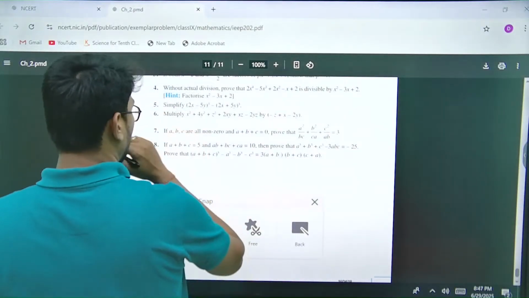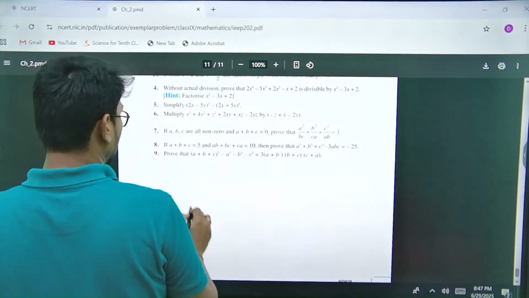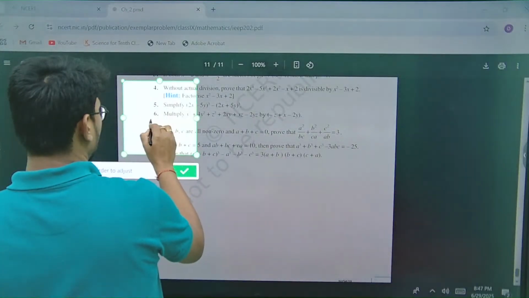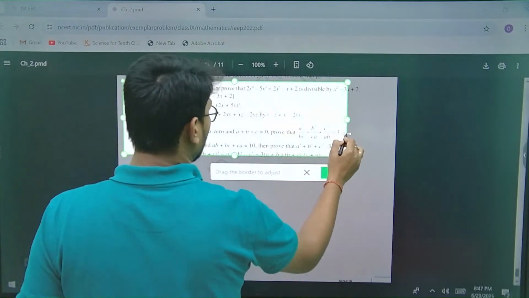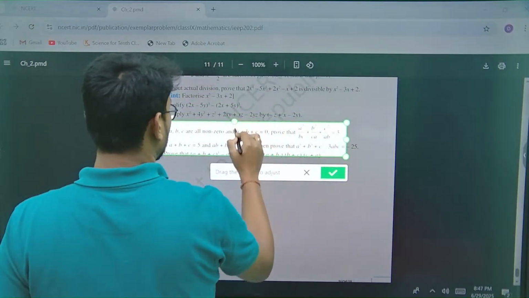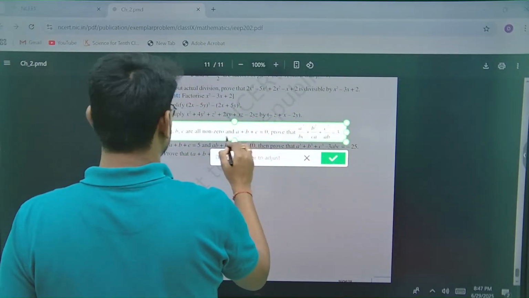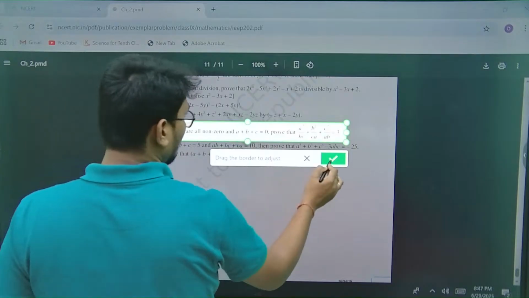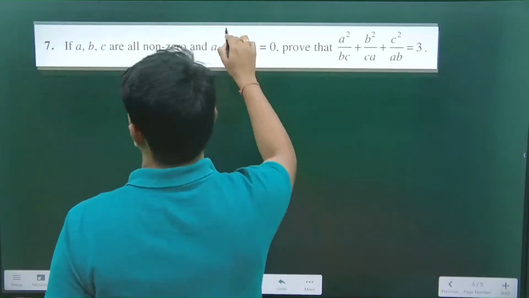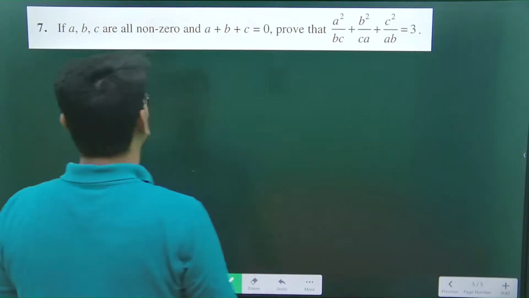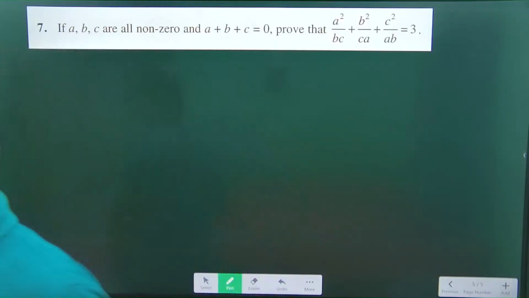Abhinas, your doubt is this question, this number 7, right? So I'm coming to your doubt part. Is this ready? So this is your question. Okay, look at here now. Look at here. Question is given.